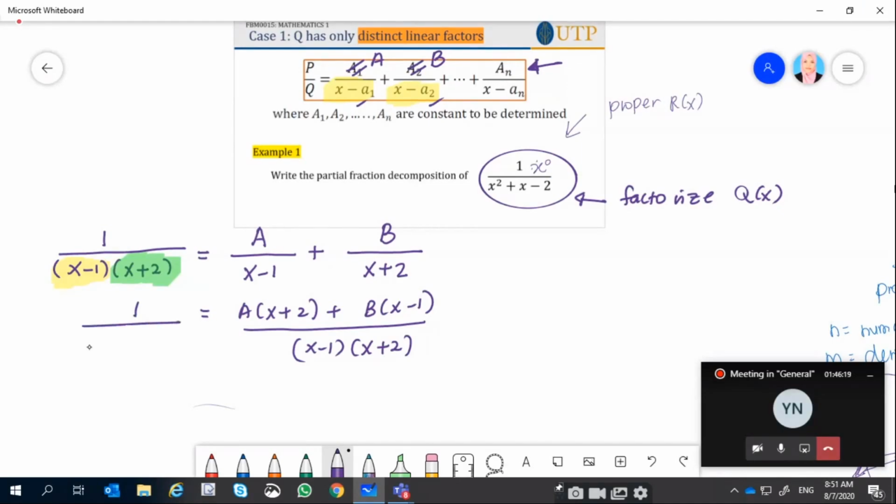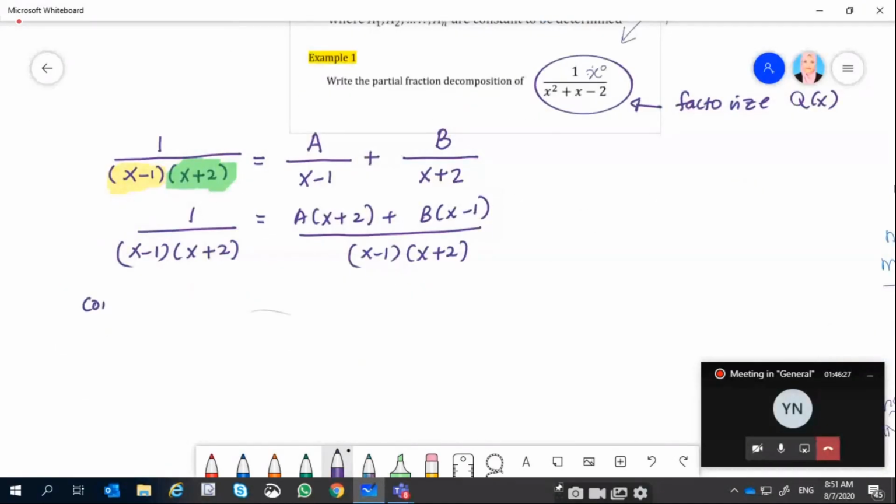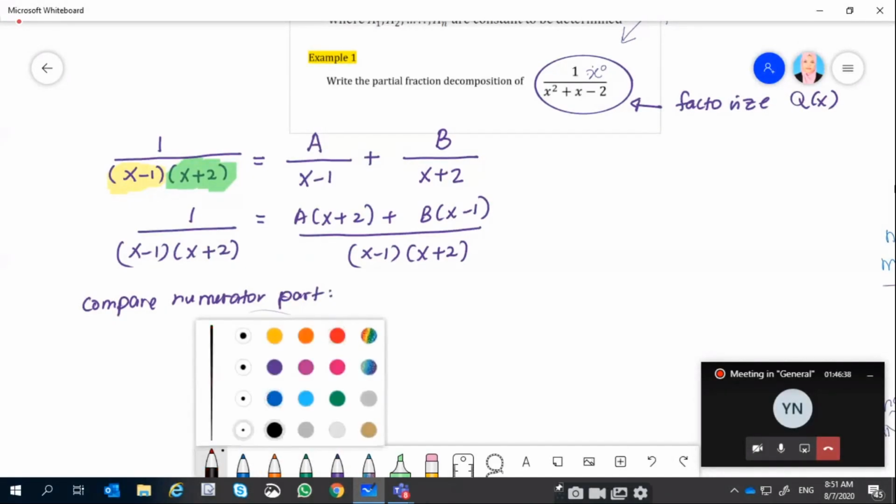On the left-hand side, the denominator part is already the same, so you just compare the numerator part. So 1 equals A(s plus 2) plus B(s minus 1), in order to find the values of A and B.